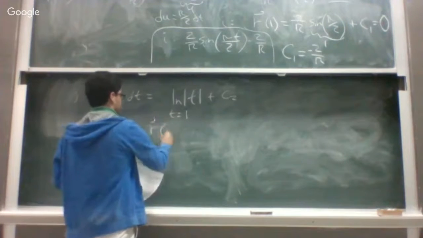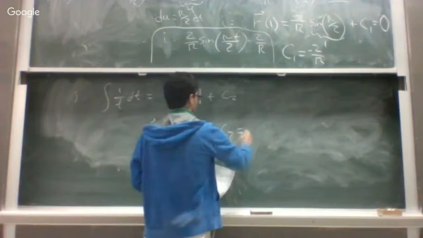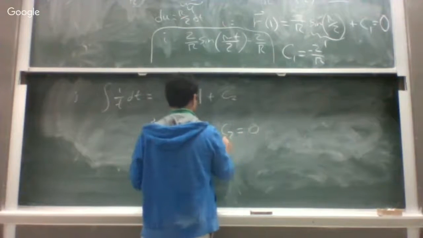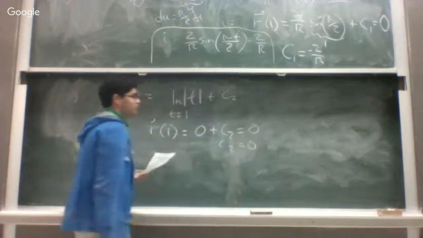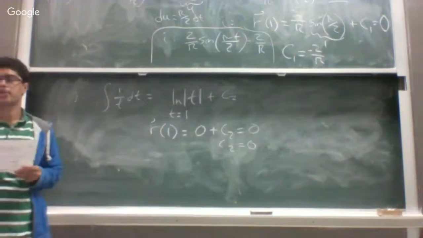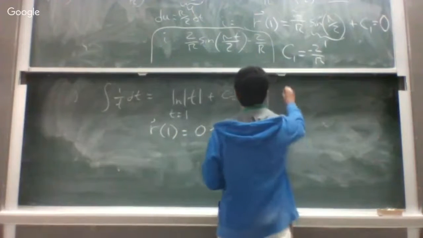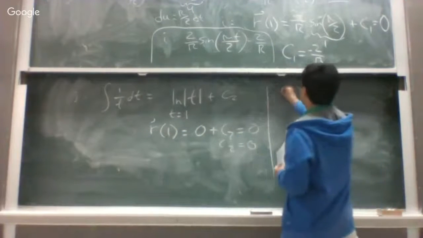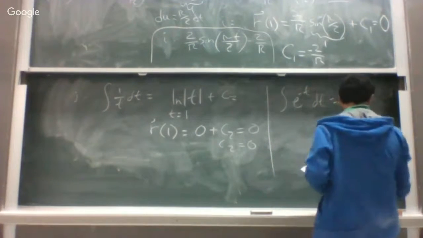So r of 1 is equal to 0 plus c2 equal to 0. So c2 is equal to 0. The integral of the k component, e to the minus t dt, is equal to what?